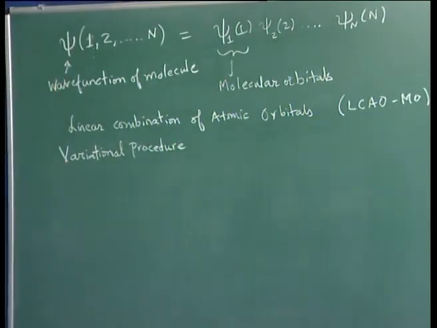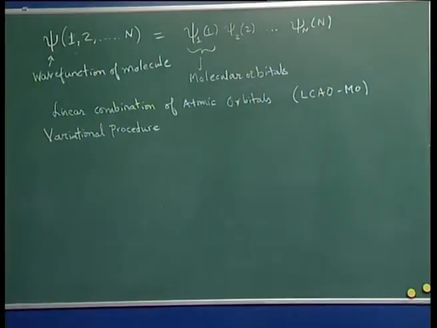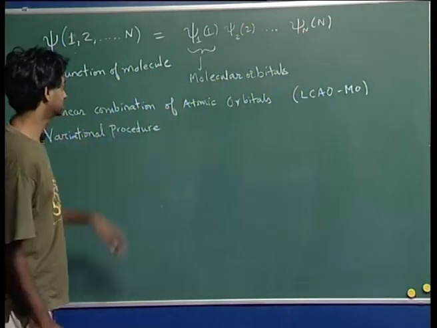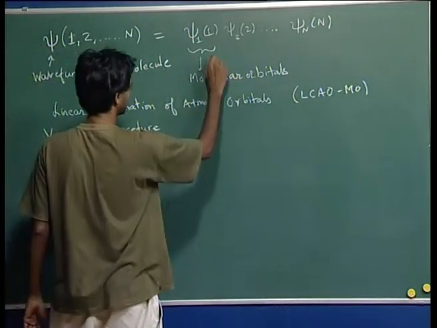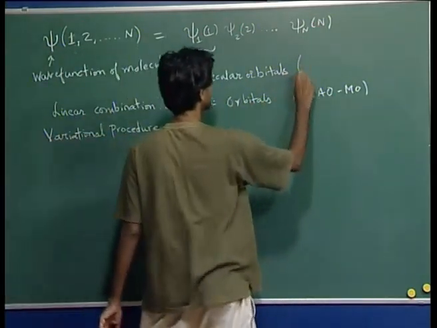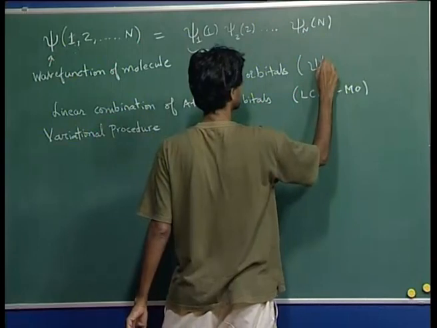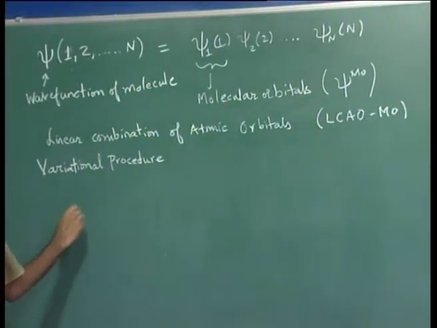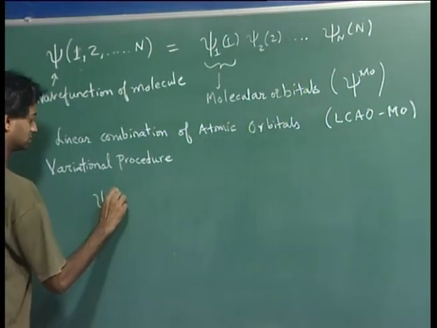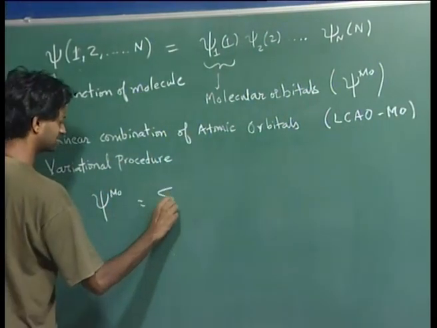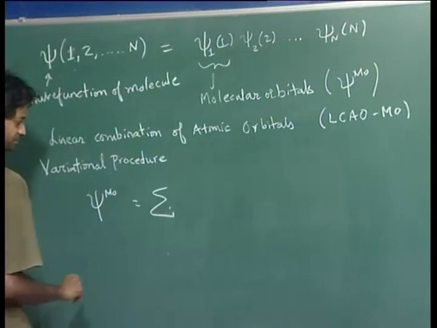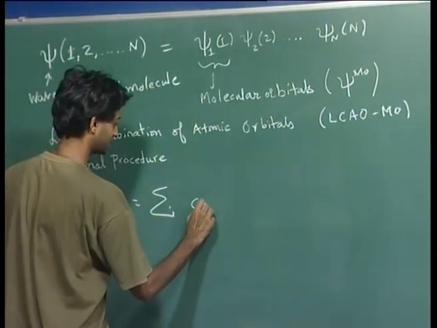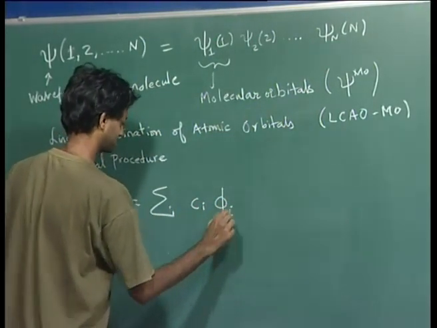Okay. So what are the main steps in this procedure? So your molecular orbital, I'll call this psi MO. Okay. So your molecular orbital psi MO is written as a sum of C_i phi_i.